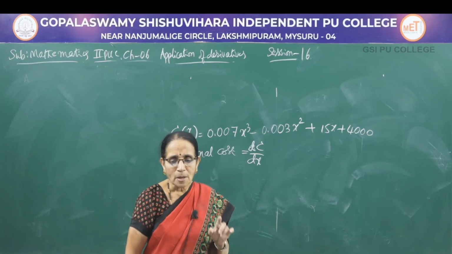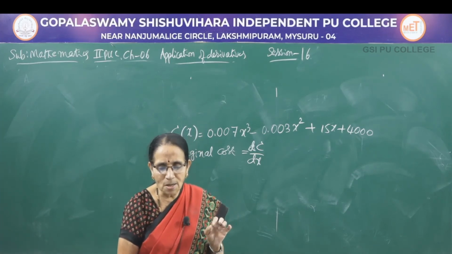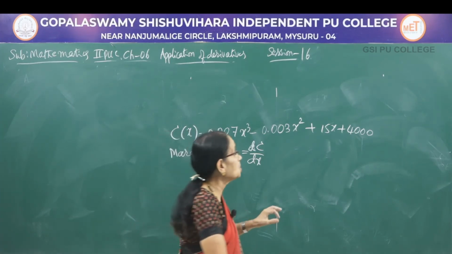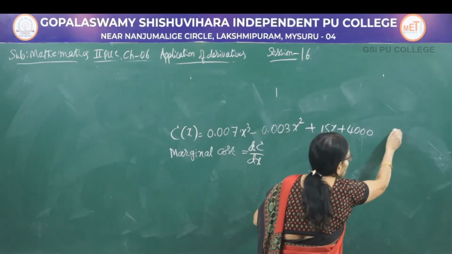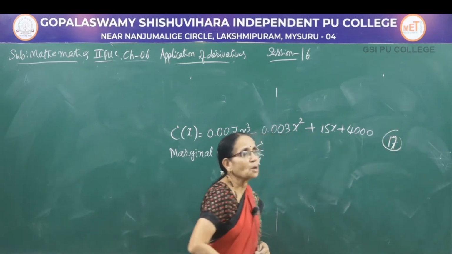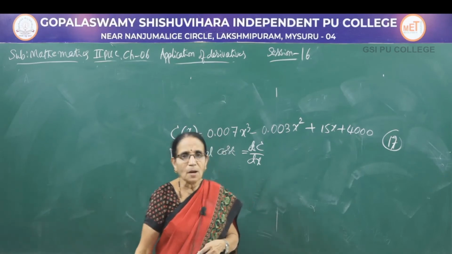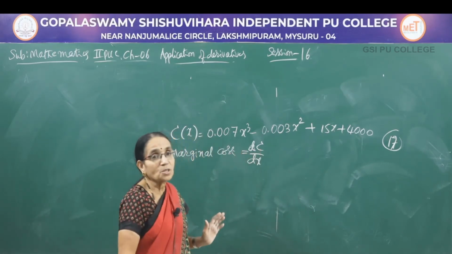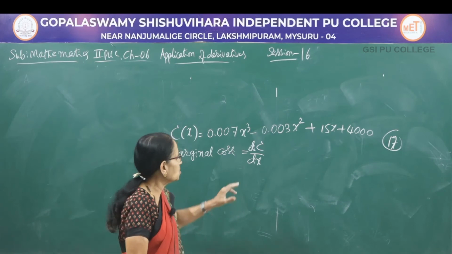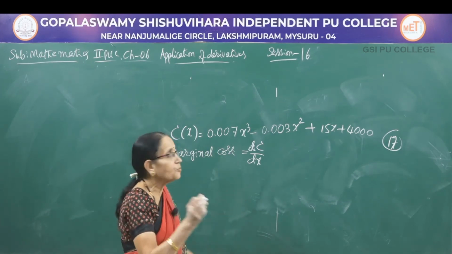So in this problem, you have to calculate the marginal cost when 17 units are manufactured. That means when x takes the value 17, what would be the marginal cost that you will be getting? As soon as a function is given, differentiate.